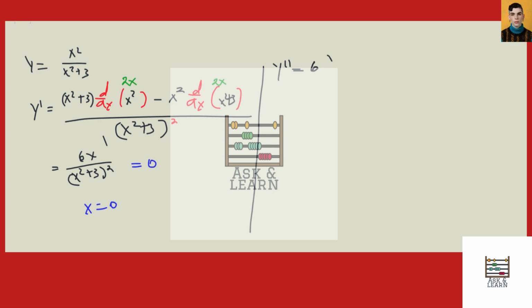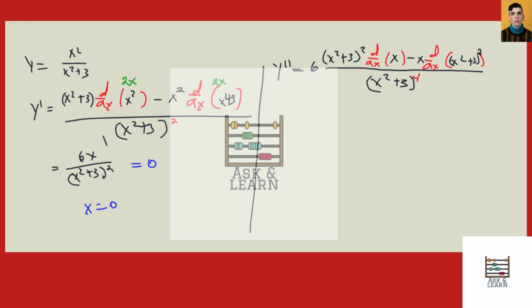So again, it's going to be (x squared plus 3) squared times the derivative of x, minus, in the opposite order, x times the derivative of (x squared plus 3) squared, all over what we have in the denominator squared, which would now be to the 4th power. Now the derivative of x is just going to be 1.